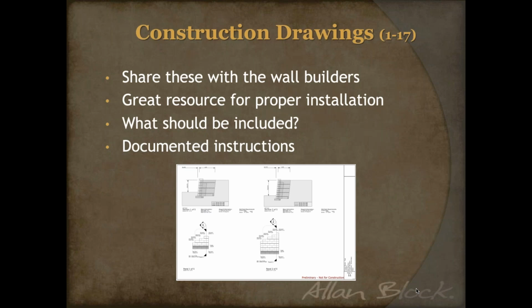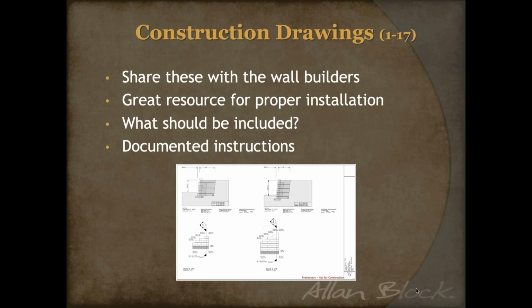This is just one page of it, but it's going to be such a great resource for the wall installers, for the contractor. It's going to show them where their geogrid layers are. It's going to show panel views, any special instructions, basically all of that.